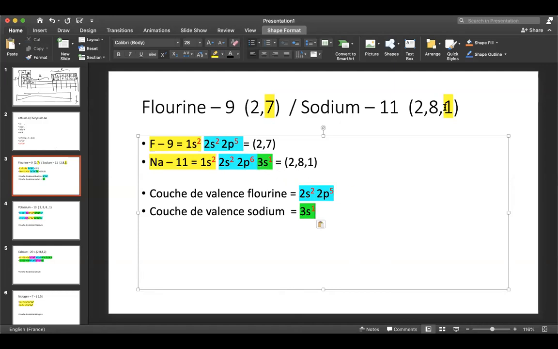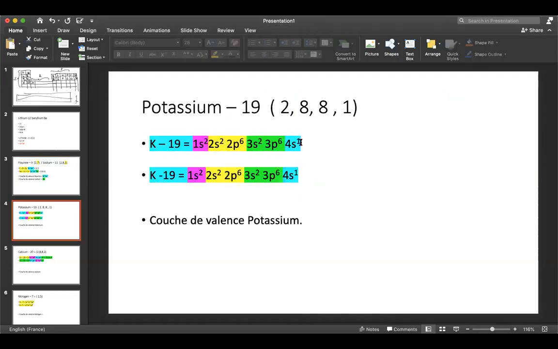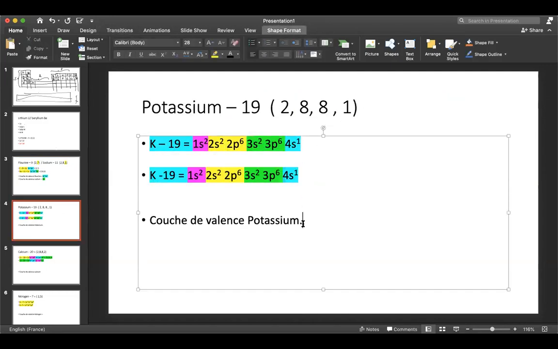So the couche de valence is this one with just 1 electron at the end. Your couche de valence is the last energy level that an atom has. The same applies to potassium here. So from our analysis, what is the couche de valence for potassium?